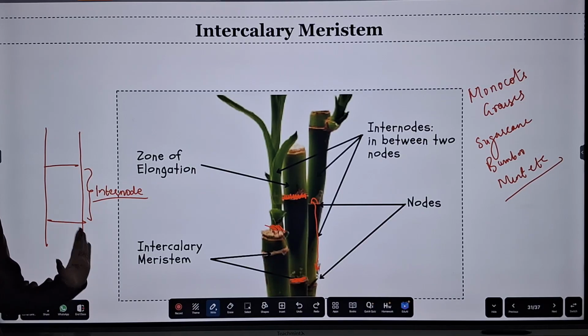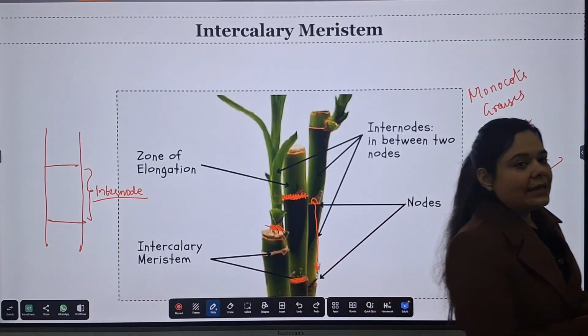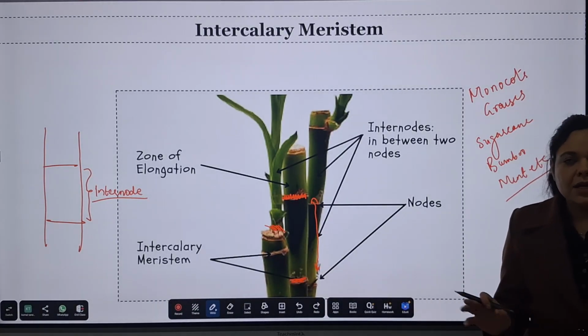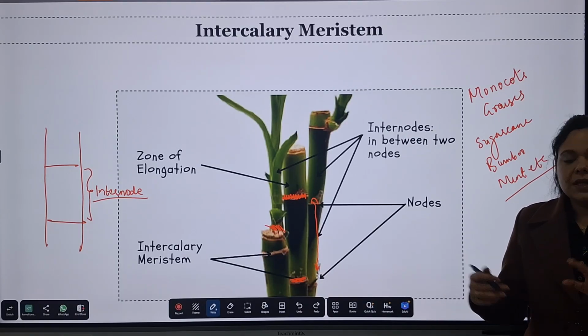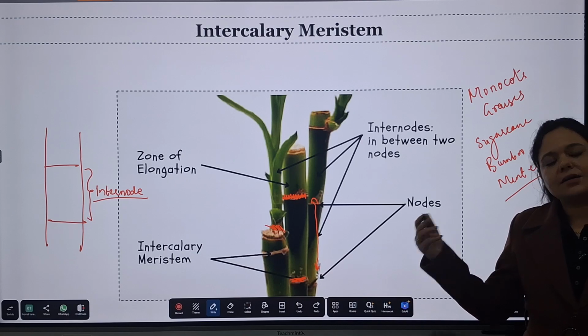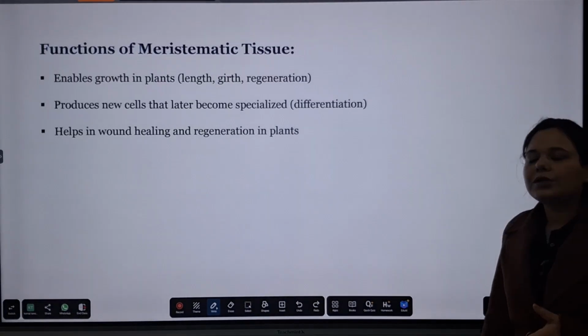So these are the three types of meristems on the basis of location. And because of their presence at only specific regions in the plant, plants only show non-uniform growth. They show growth of certain parts more than the other parts. This gives a very unique pattern of growth to plants.